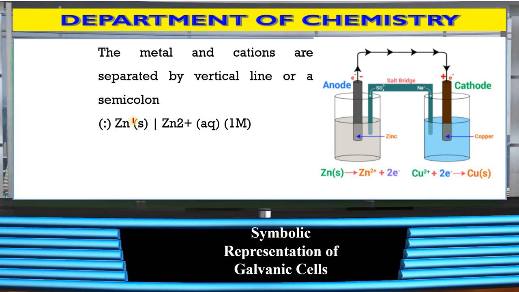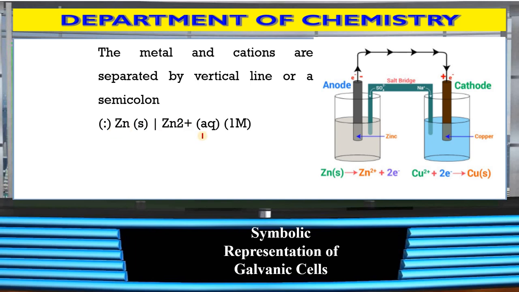So zinc is present in solid state, and zinc sulfate, the electrolytic solution, is present in aqueous form. The oxidation state of zinc is Zn plus 2, and to separate the phases, we use a single vertical line between the metal and the electrolytic solution.